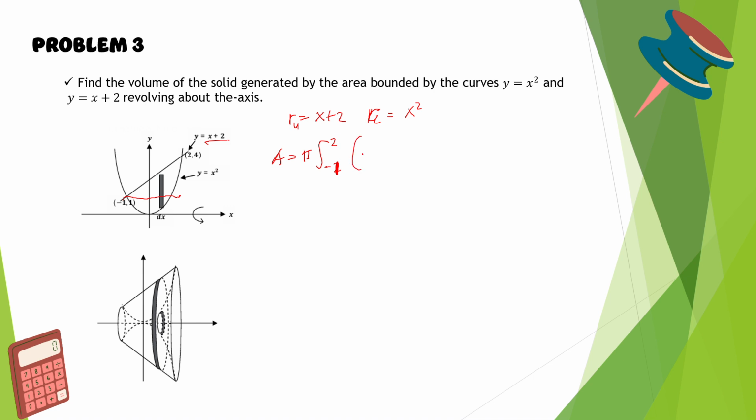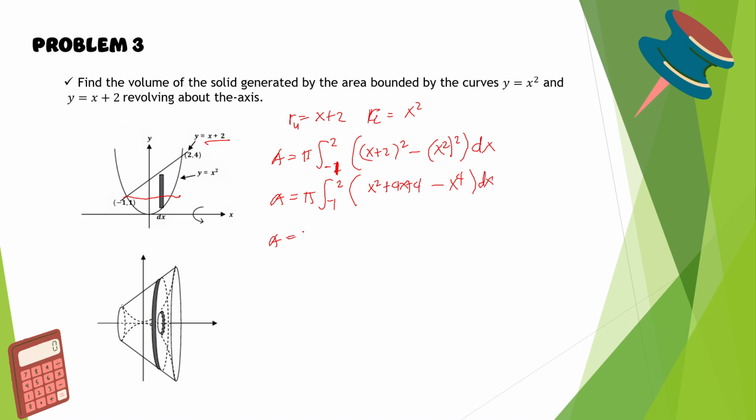The first r that we're going to use is x plus 2, then squared, minus our lower, x squared, then squared, dx. We need to simplify. So we have x squared plus 4x plus 4 minus x raised to 4 dx.